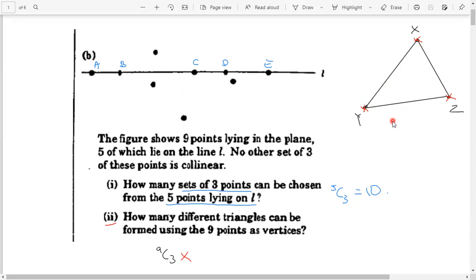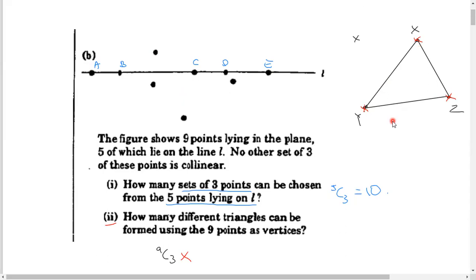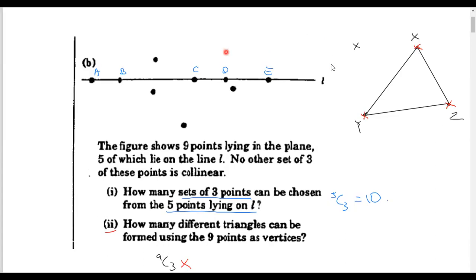And if we have, say, a 4th point, and let's call this W, then we definitely have a few different triangles we could draw. We could draw WXZ. We could draw WXY, like so, the green one.